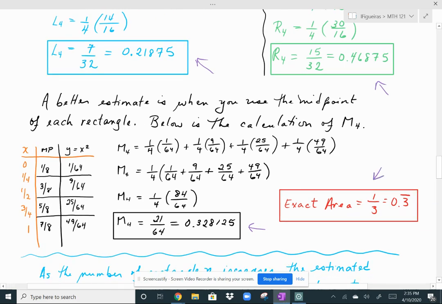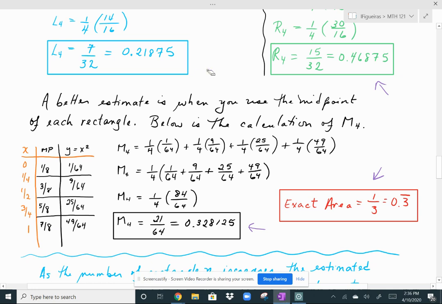And for now, I'm just going to ask you to take my word for it because we haven't exactly learned how to do that yet. But the actual area under the curve of x squared from 0 to 1 is a third, which we know is 0.333 repeated forever. So the closest estimation is your m sub 4, using the midpoints.